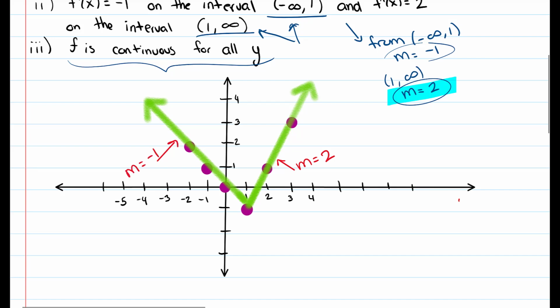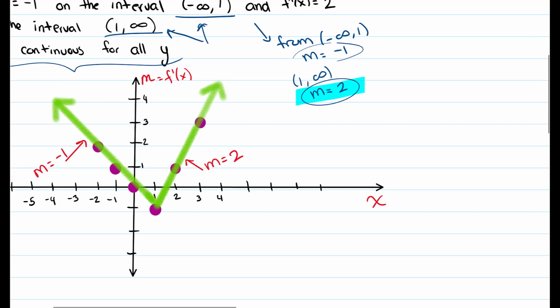And again, the x-axis are x values and the y-axis is slope, which is f prime of x. So this is the graph of my original function, which has a derivative where the slope is equal to -1 until you get to x equals 1, and then it's 2 from there on.